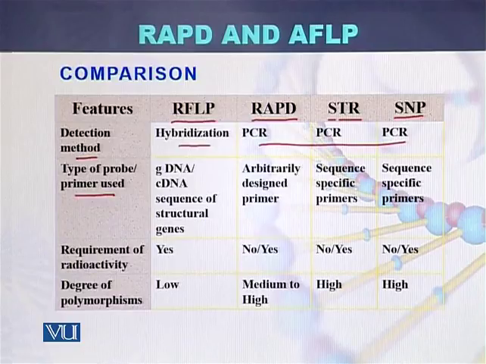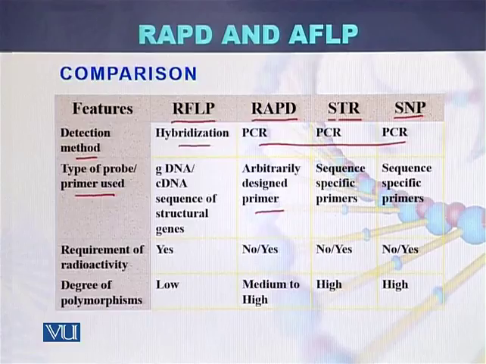While in case of RAPD, a primer is arbitrarily designed to perform the RAPD. In case of STR and SNPs, these are due to sequence specific primers.